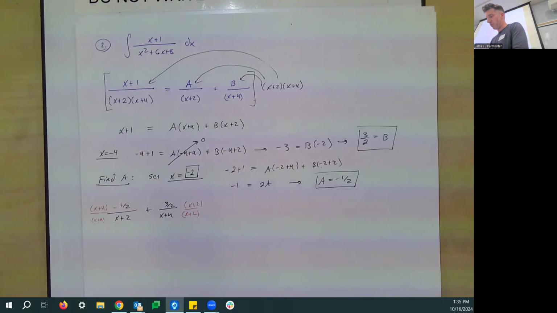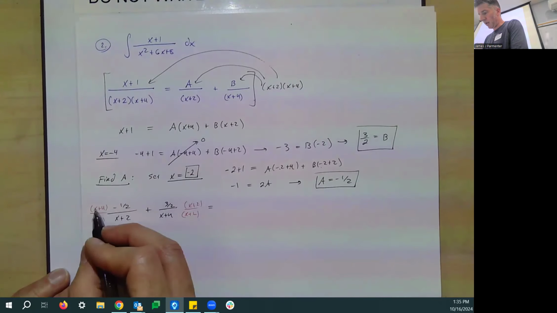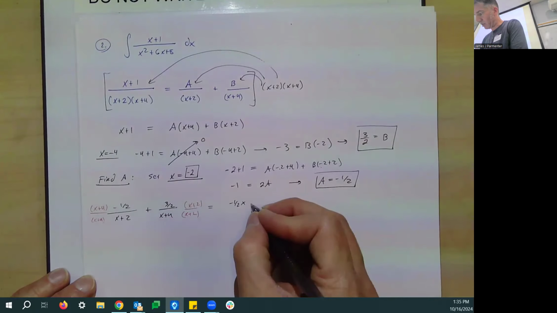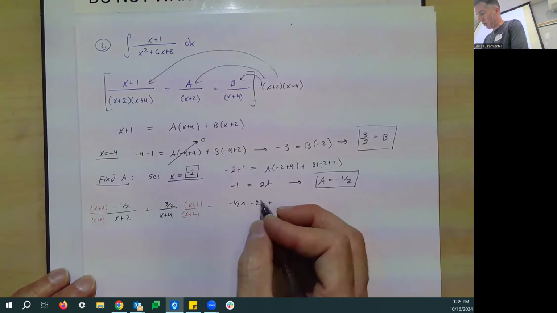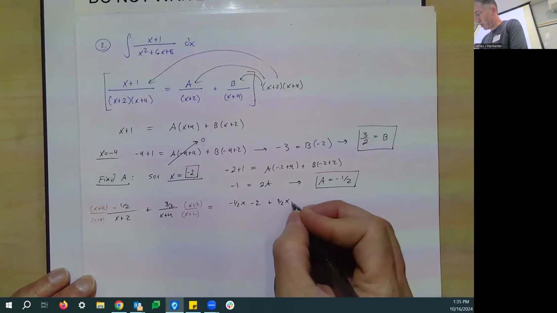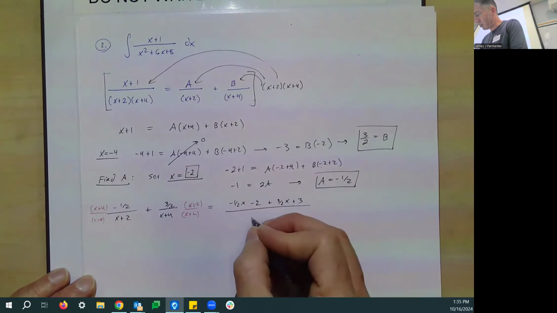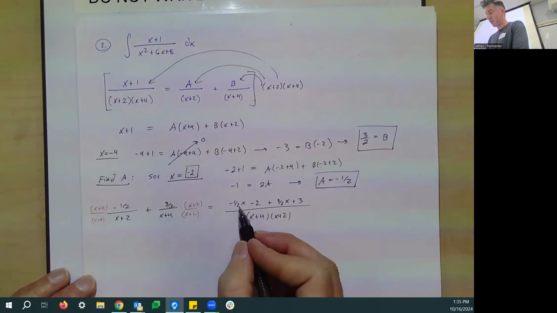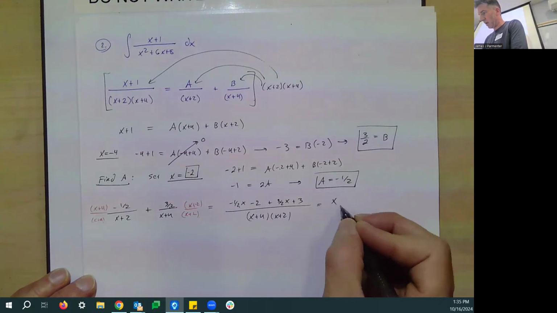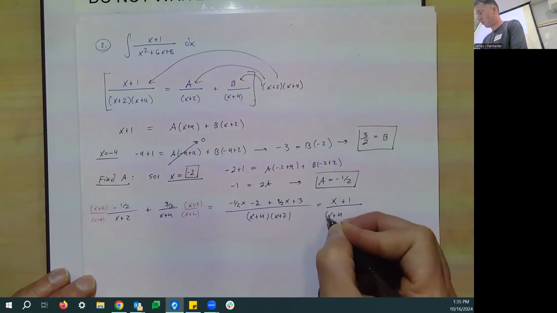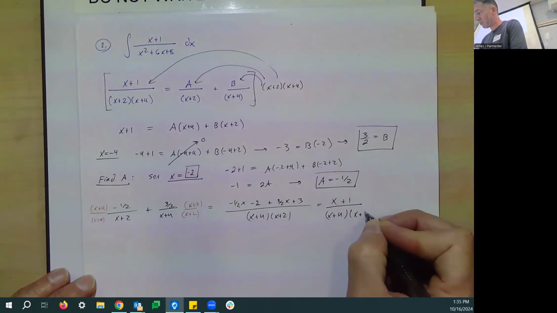When I multiply it out, I get -1/2 times x, -1/2 times 4, so that's -2, and then plus 3/2 times x, and 3/2 times 2 is 3, all over my common denominator, x plus 4 times x plus 2. Then -1/2 x plus 3/2 x is a whole x, and -2 plus 3 is 1, and oh look, it's exactly the rational function I started with.